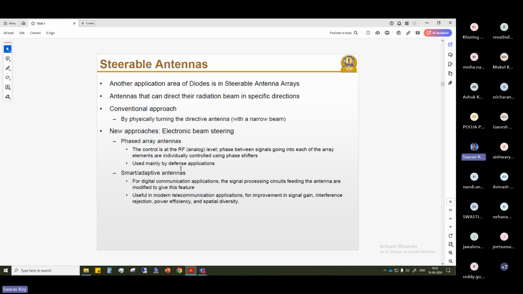So there are defined applications. One is phased array antenna, where, as I told you, the individual antennas of the antenna array are fed. So it is mainly used in defense applications or even civilian applications like aircraft. Do you know, even the normal passenger aircraft, like Airbus 320 or Boeing 738, at the nose of the aircraft is pointed sharp, right?